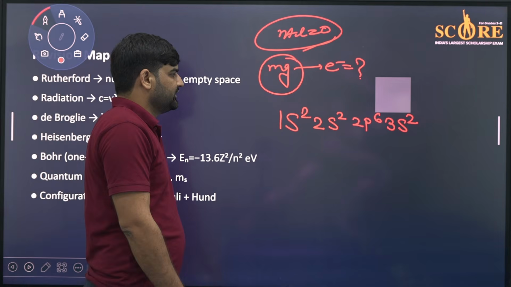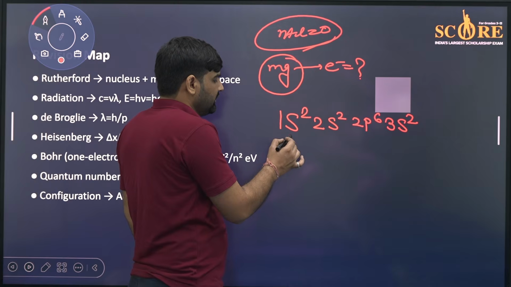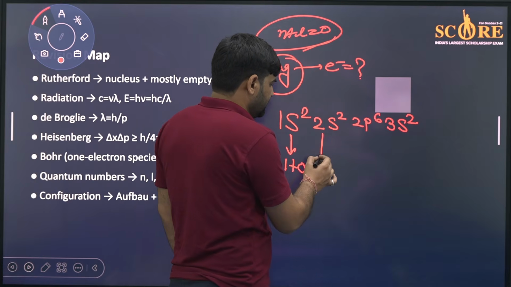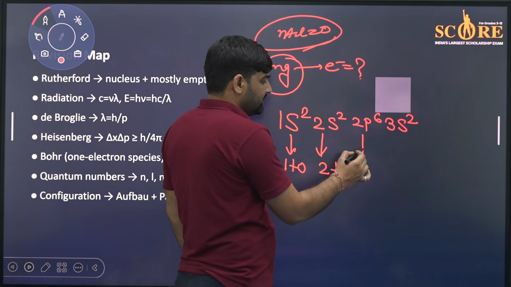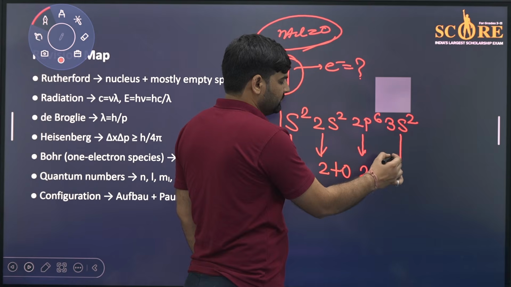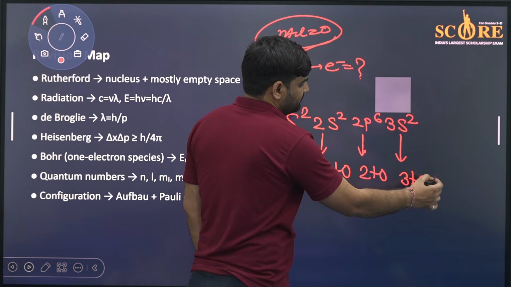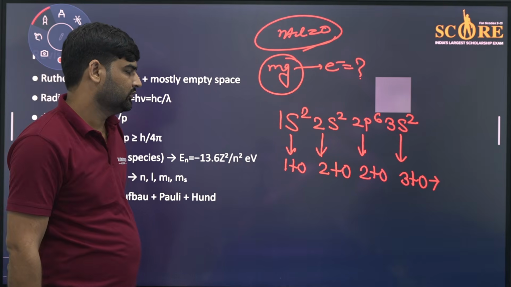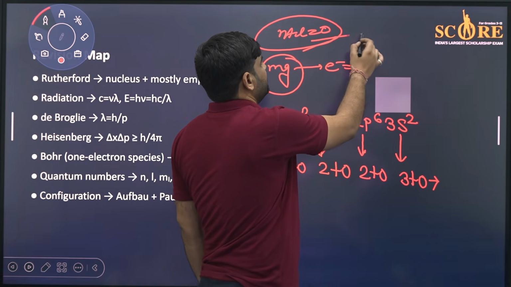Now check n plus L equals 0. For 1s, n1 L0; 2s, n2 L0; 2p, n2 L1; 3s, n3 L0. So there is no single electron which has n plus L equal to 0.